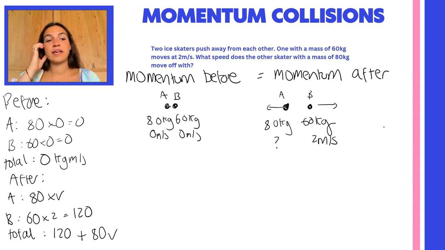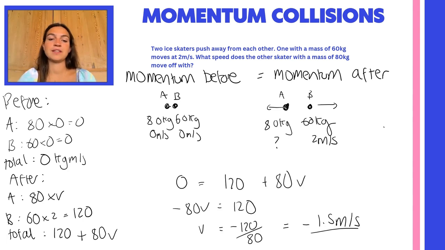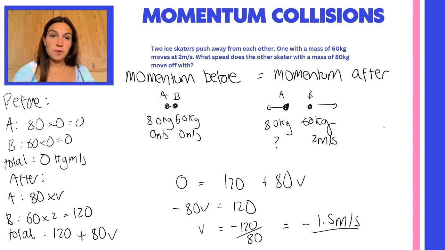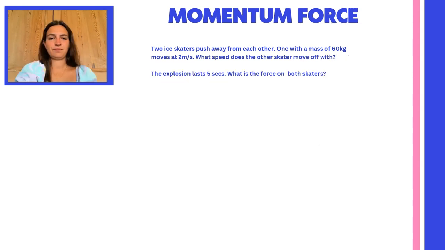Setting before equal to after means setting 0 equal to 120 plus 80v. Then moving my 80v over to the left-hand side of the equation, so minusing it, I've got minus 80v is 120, and then I divide through. 120 divided by minus 80 is minus 1.5. Again, happy with the negative sign because it's travelling towards the left, which I set as negative.